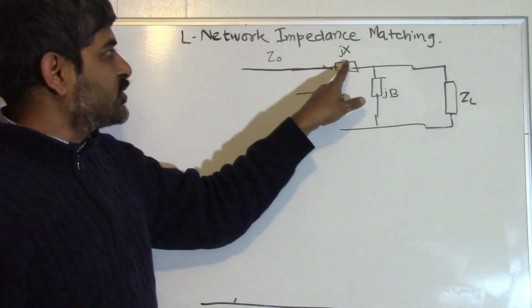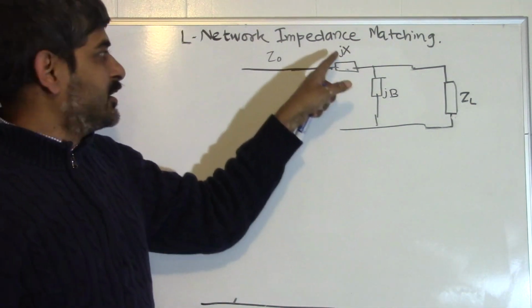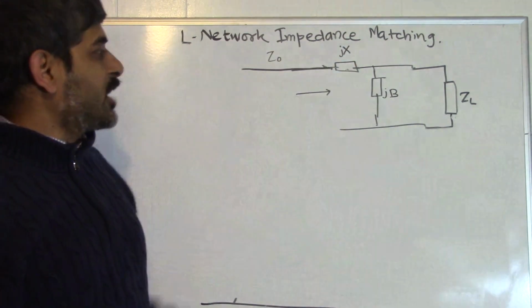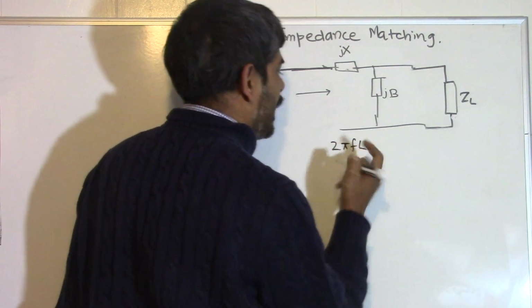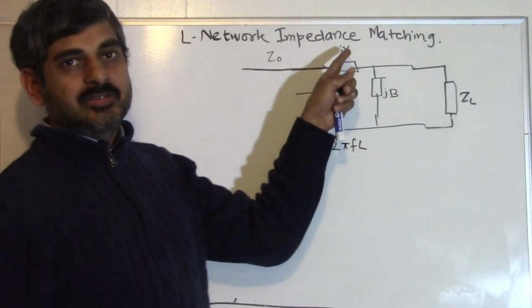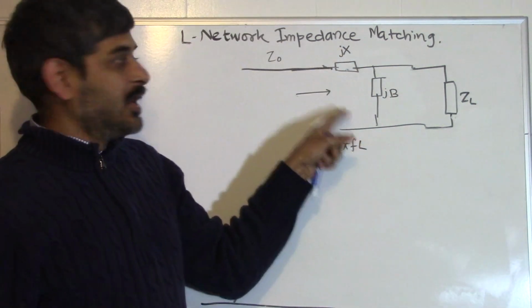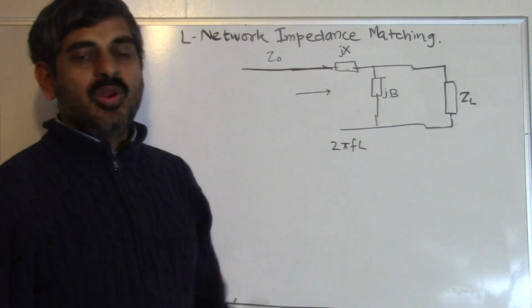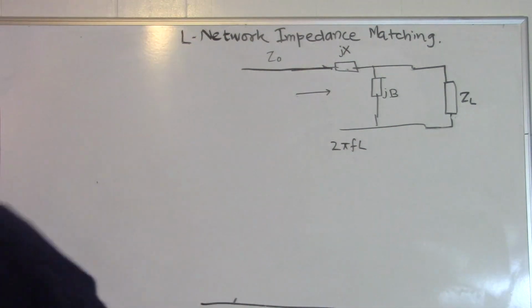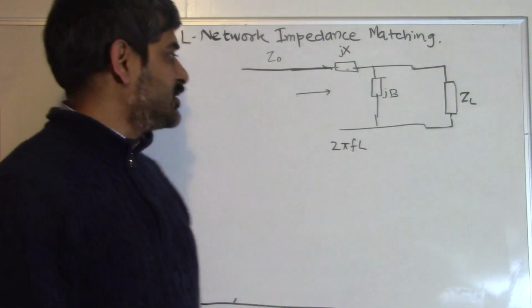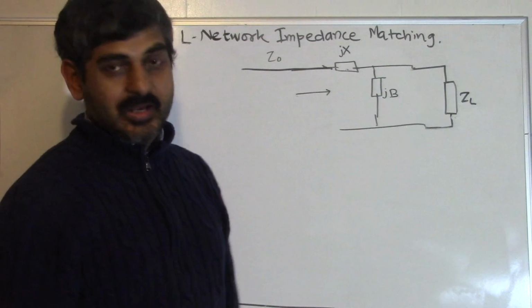For example, if this is only an inductor, then its X at a given frequency is 2 pi f into L. Because these elements are frequency dependent, this matching network will work at only one given frequency. What happens when the frequency moves away from f, we will investigate later.